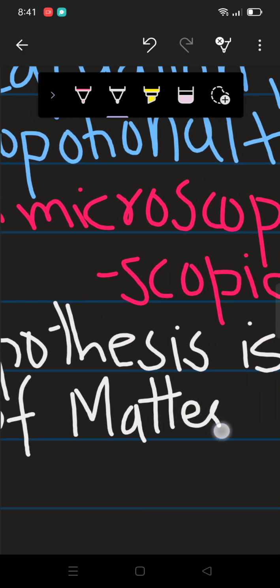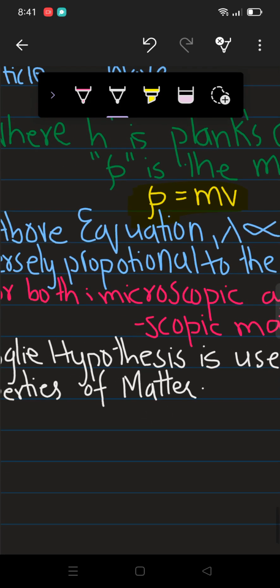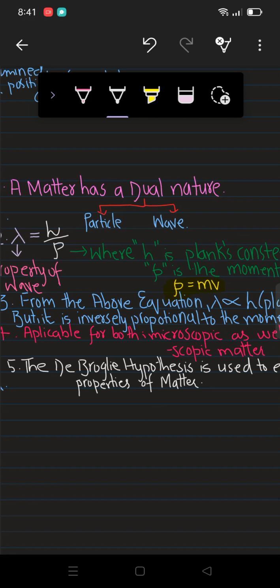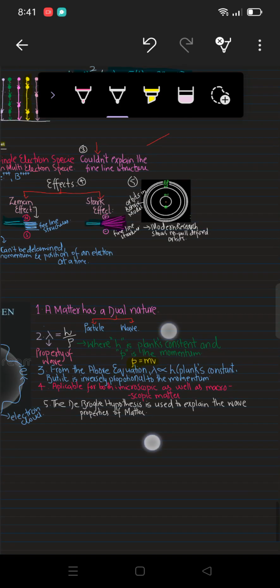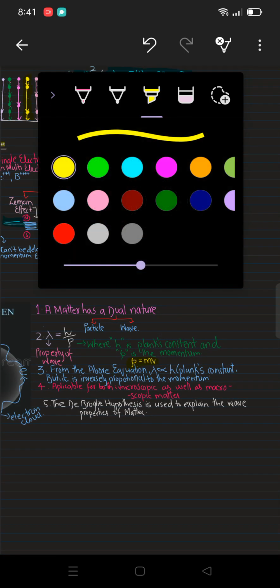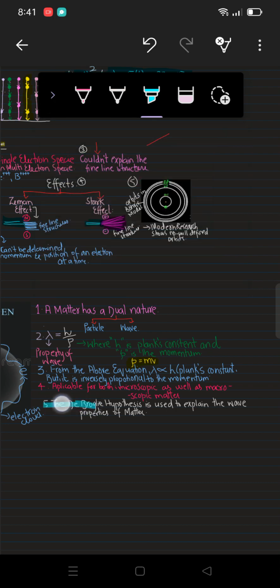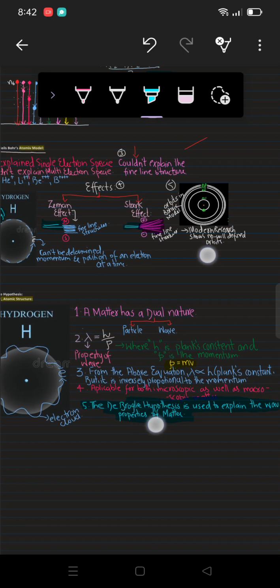The de Broglie hypothesis equation, which is wavelength equal to Planck's constant divided by the momentum of an electron, is used to determine or explain the wave properties of matter, right? So let me highlight this as well. So this was all about the de Broglie hypothesis.